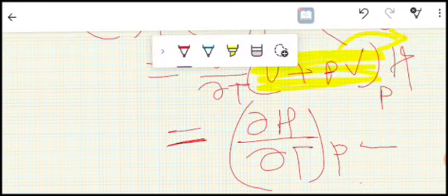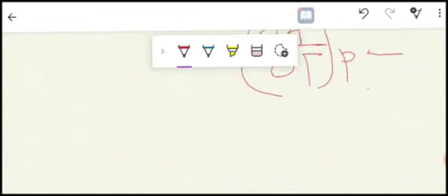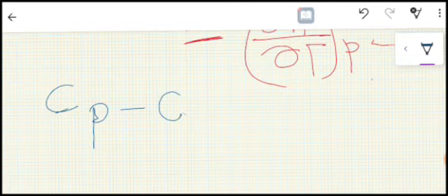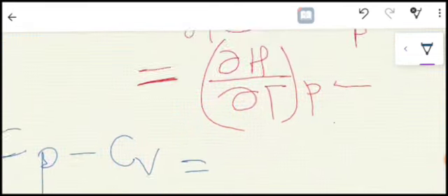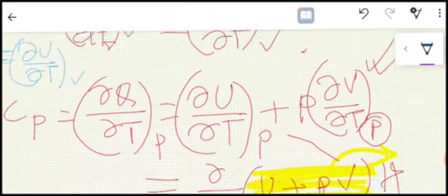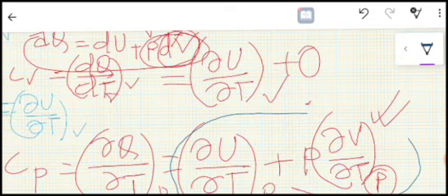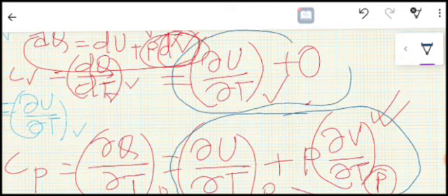Now we can also calculate the difference between Cp and Cv. Cp minus Cv is equal, what is the value? Cp is this and Cv is this.